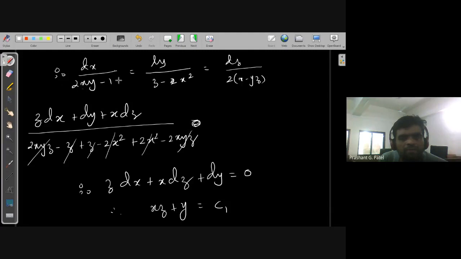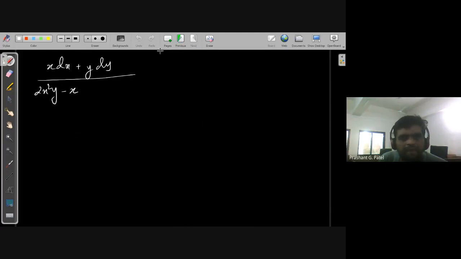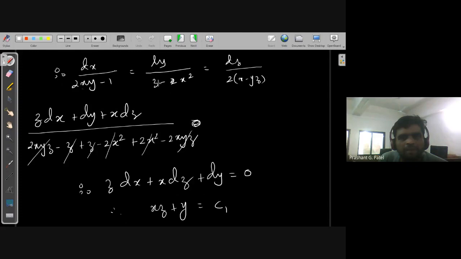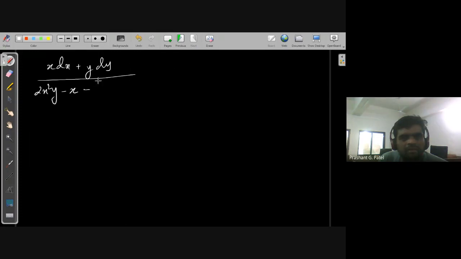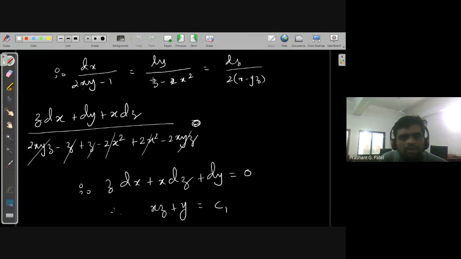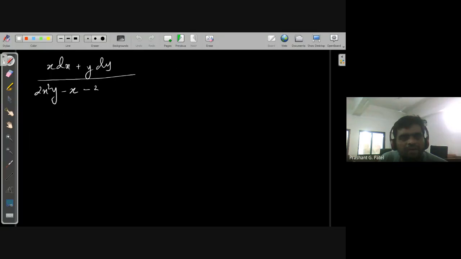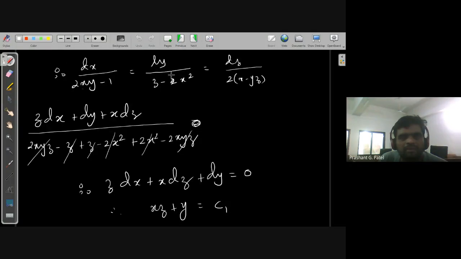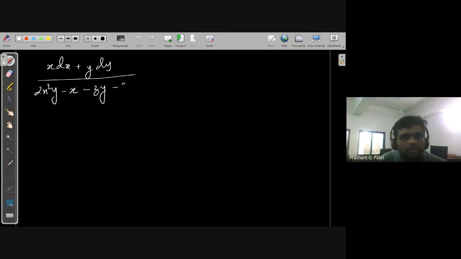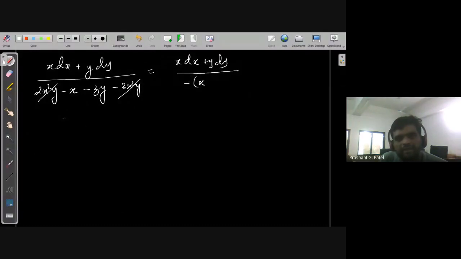Sorry, I have multiplied with x here. And if I multiply this by y, this is plus zy minus 2x square y. The 2x square y will get cancelled out. So we'll have this equal to x dx plus y dy upon minus x plus zy.